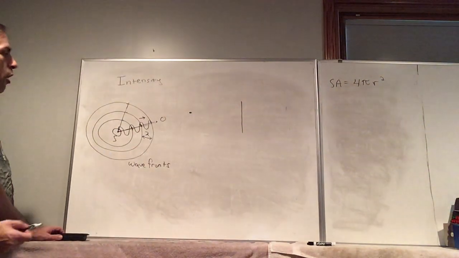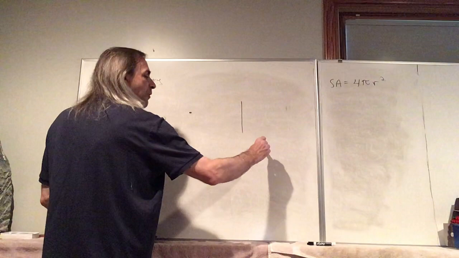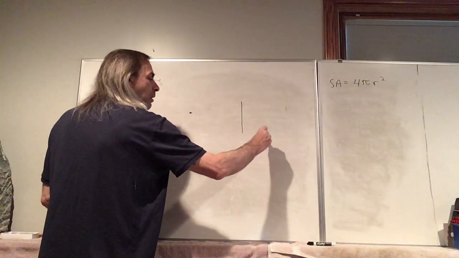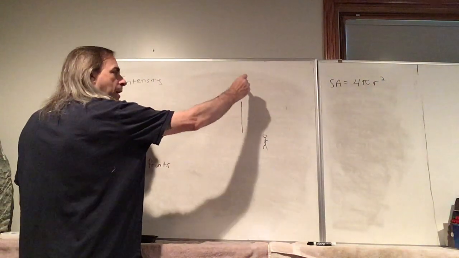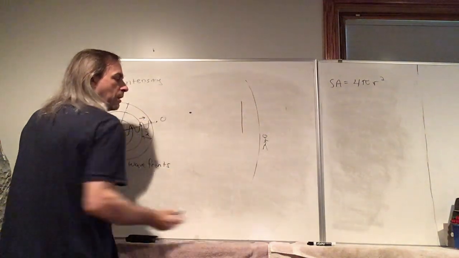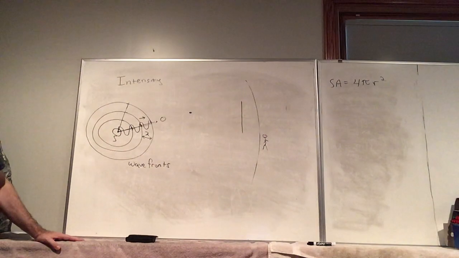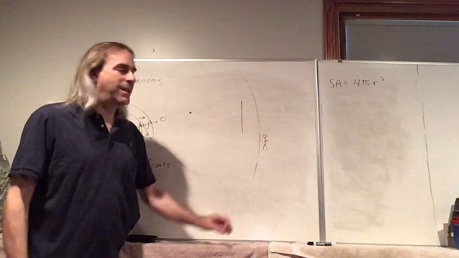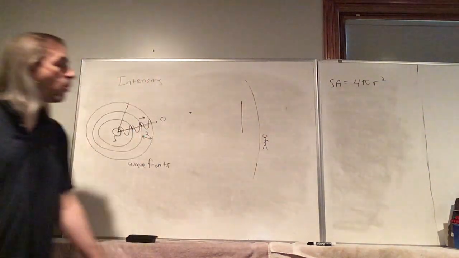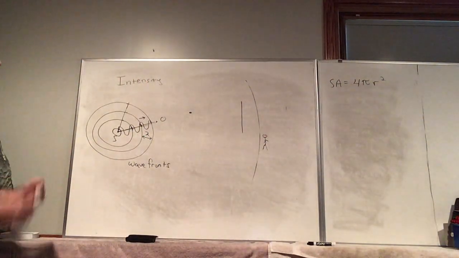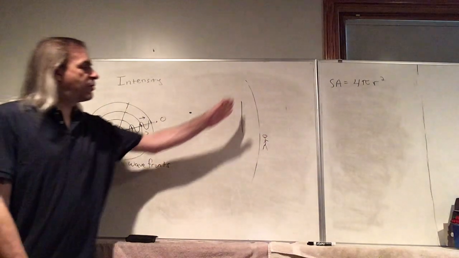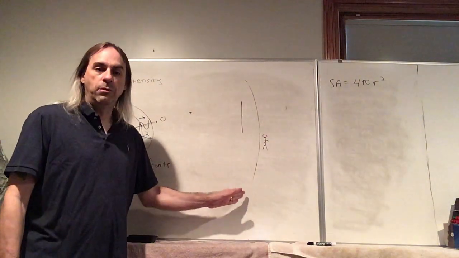However, what if you're very far from a spherical wave? What if we have an observer over here looking at this source? These wave fronts are going to be very large spherical waves. And this person's only going to see a very small portion of this wave, and if you're far enough away, the curvature here is going to be negligible.